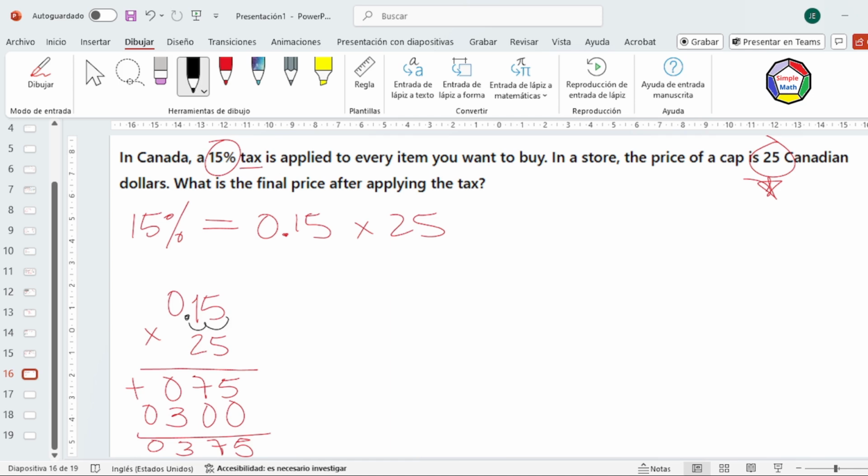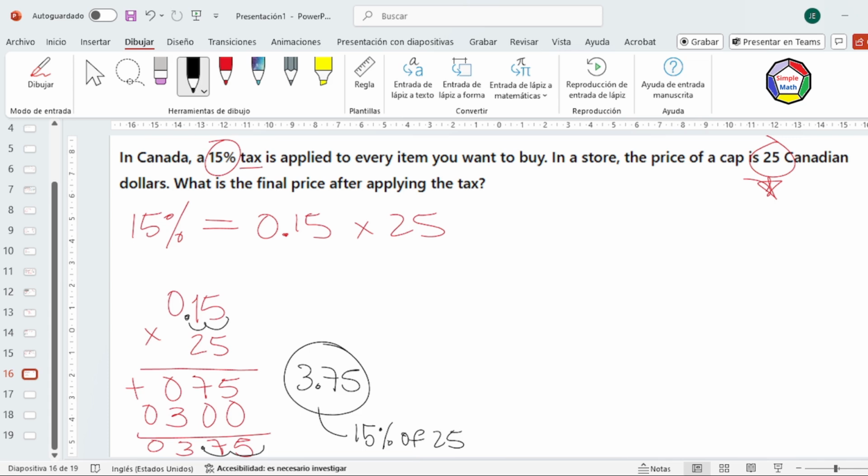To determine the final answer, I move 2 decimal places to the left. 1, 2. So the answer is 3.75. 3.75 is the 15% of 25.